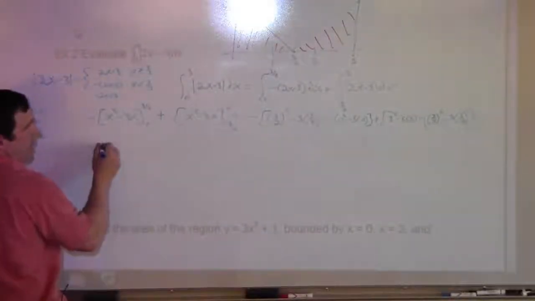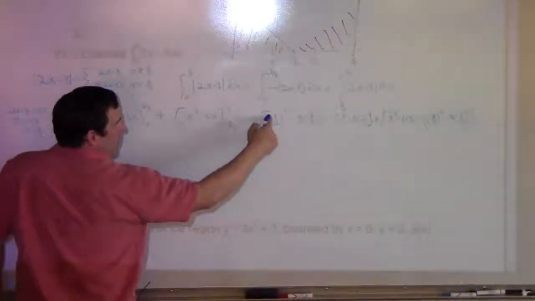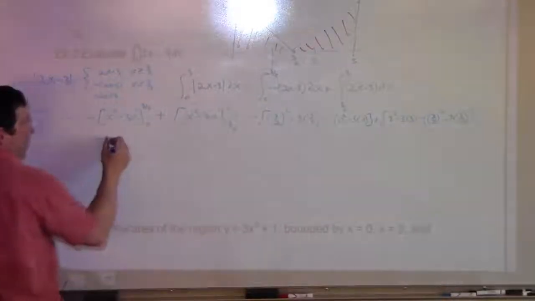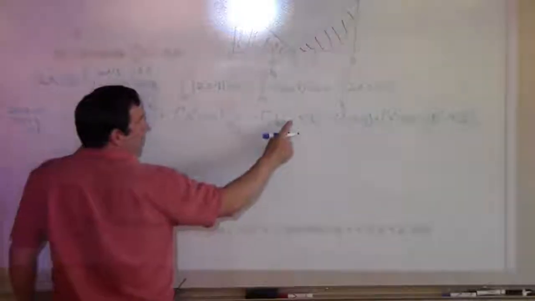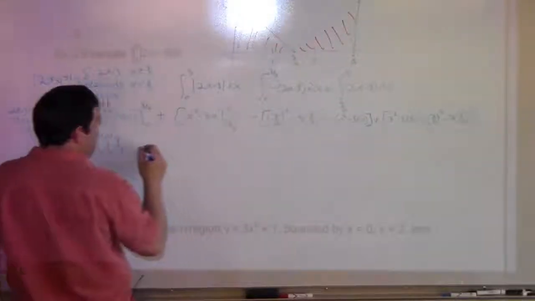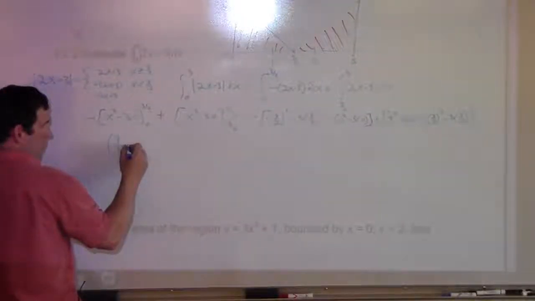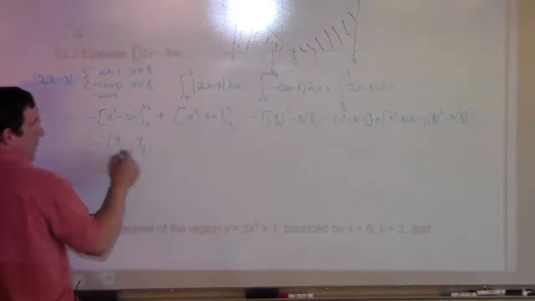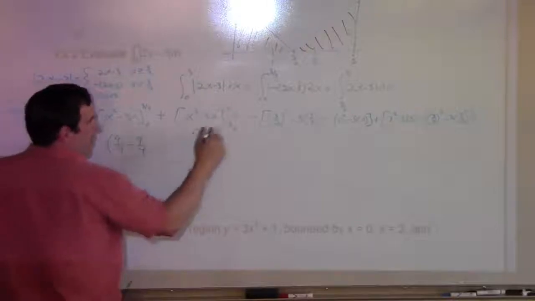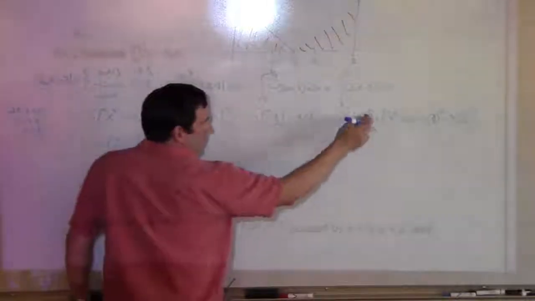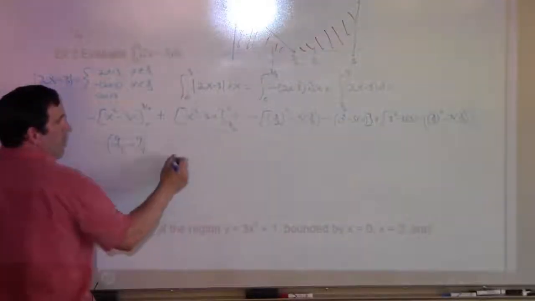Okay, so we have a negative 3 halves squared, that's 9/4, minus 3 times 3 halves, that's going to be minus 9/4, and so there's a negative outside this parenthesis. Shouldn't stop there. And then minus 0, because 0 squared minus 3 times 0 is 0.